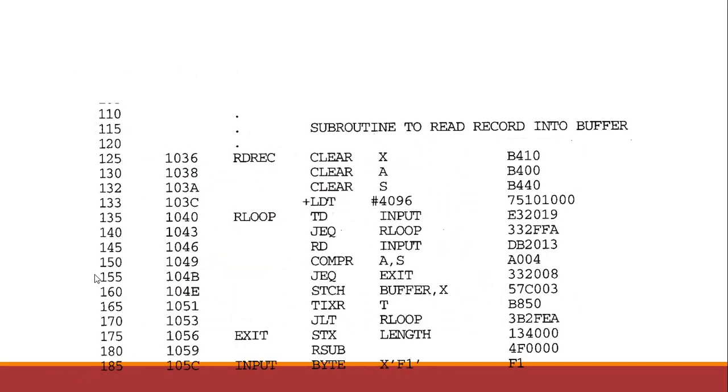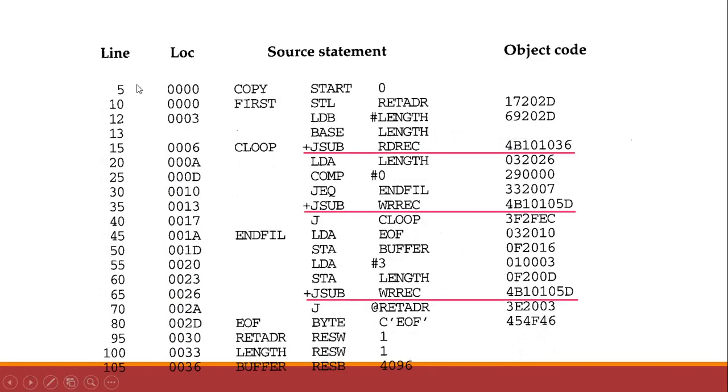In the program, the starting address is specified as 0. In an absolute loader, the program is loaded to 0. But the problem is, if that memory is not available, then this program cannot be executed by an absolute loader. In a relocatable loader, it will find out whether there is any memory available.